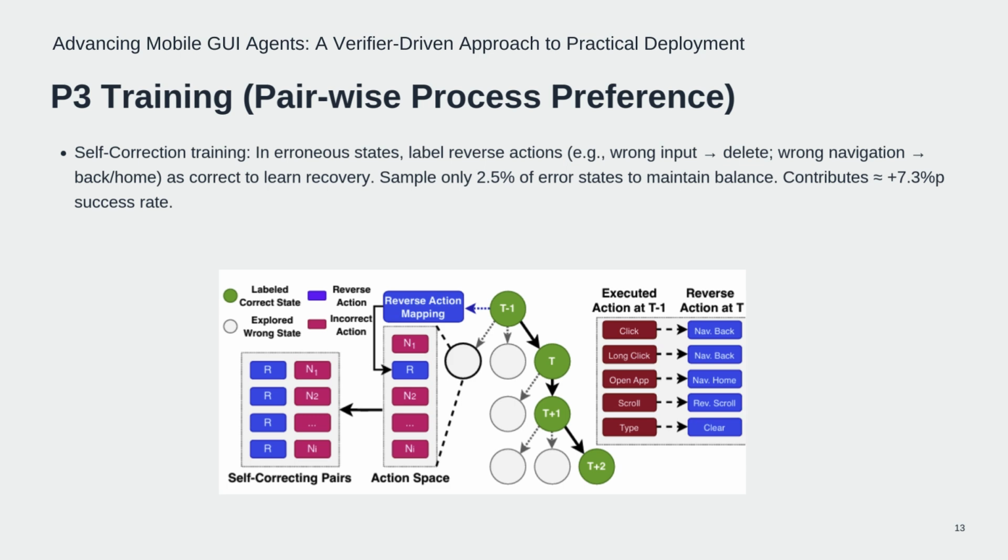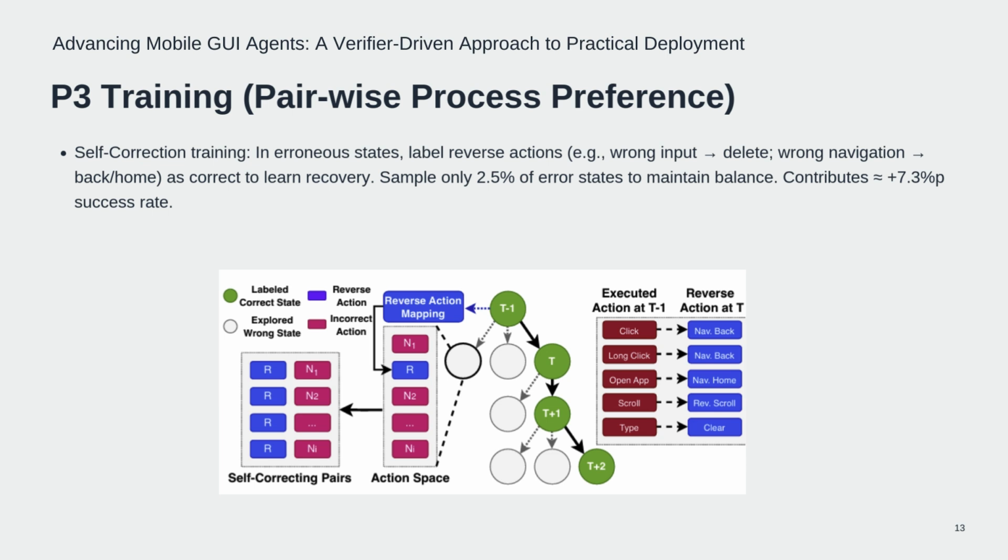But they are augmenting for robustness. Similarly, if the agent entered the wrong input in a field, they label the delete last input action as a correct action in that erroneous context. By doing this, they teach the verifier that in a context that looks like a mistake, the preferred action is to self-correct.